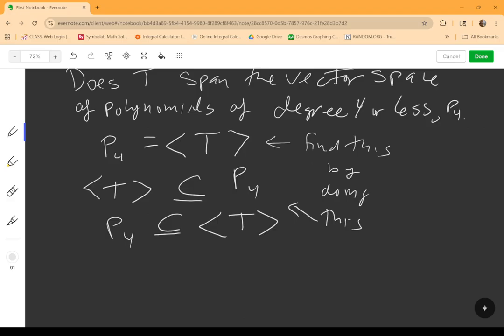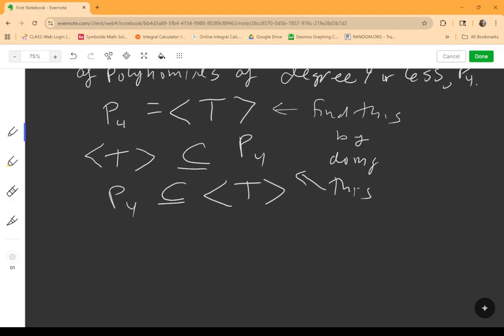The first direction is easy. Is the span of T a subset of P4?